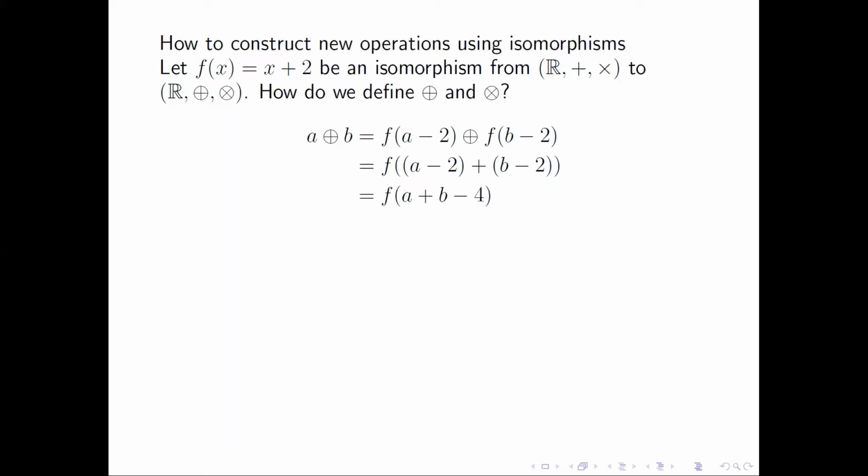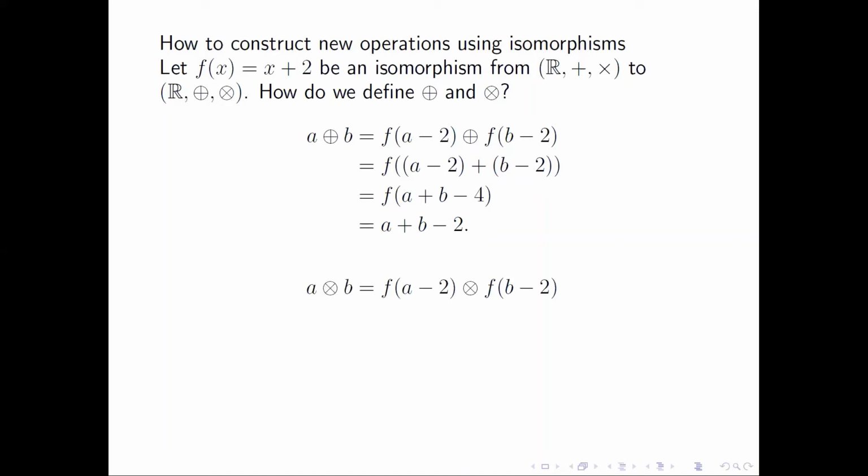So cleaning up, that's f of a plus b minus 4. And then we know f is the plus 2 function. So we end up with a plus b minus 2. That's how I defined this binary operation to begin with.